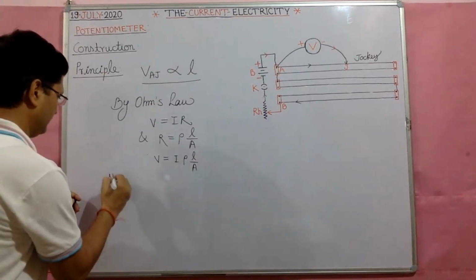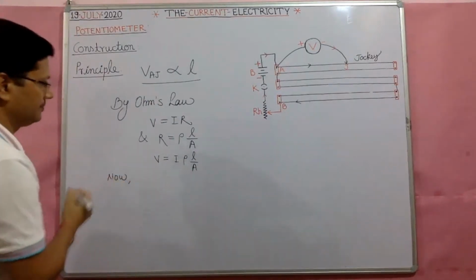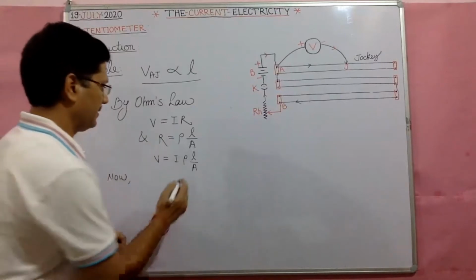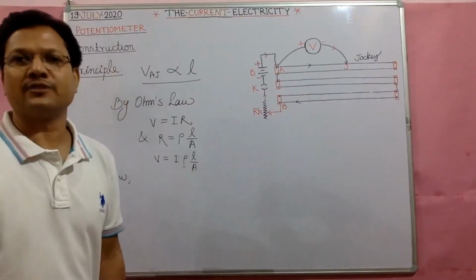Now, as you know, rho is a constant for a given material.